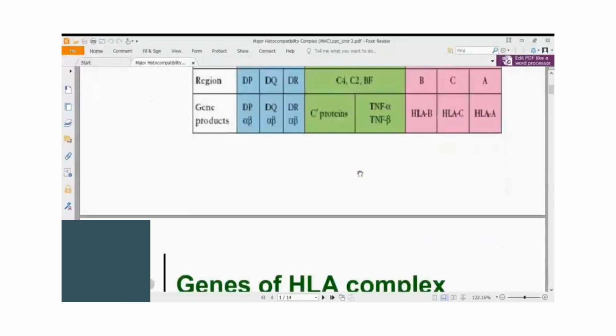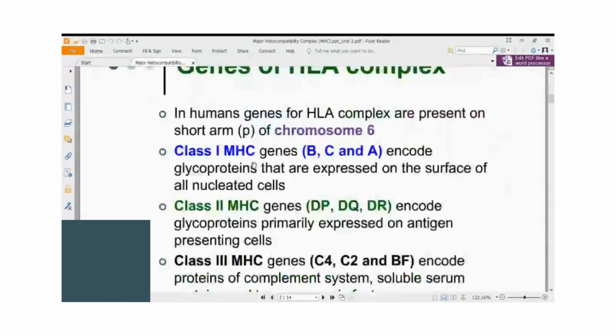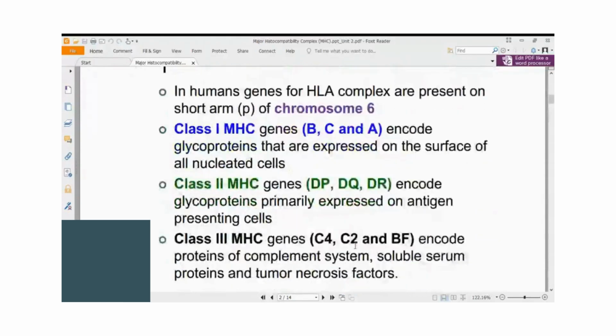So as far as the genes are concerned, there are three major gene clusters: class 1 MHC cluster made up of B, C, A, class 2 made up of DP, DQ, DR, and class 3 cluster made up of C4, C2, and BF. BF is for the tumor necrosis factor alpha and beta.